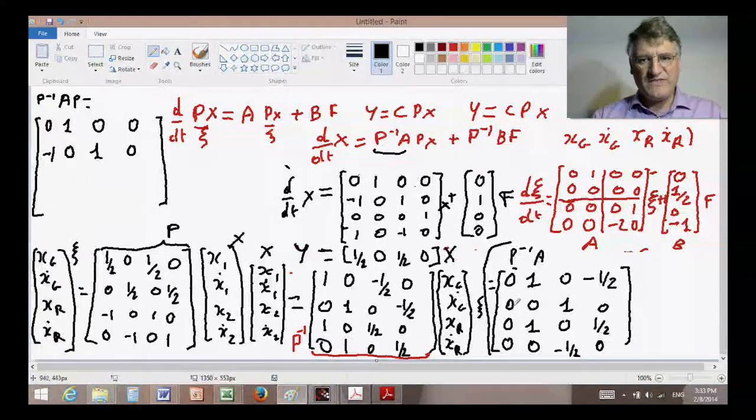Third line, 0 times 1/2 plus 1 times 0 plus 0 times minus 1 plus 1/2 times 0 gives 0. Second entry, third row, 0 times 0 plus 1 times 1/2 plus 0 times 0 minus 1 times 1/2, 0.